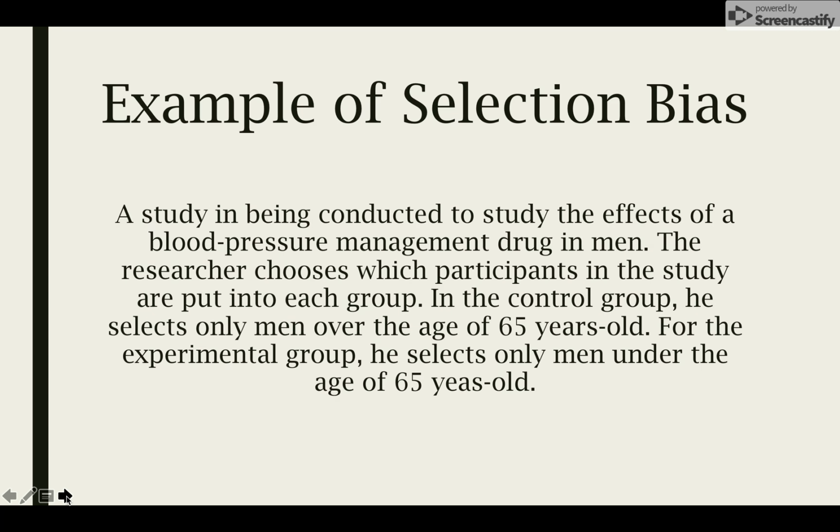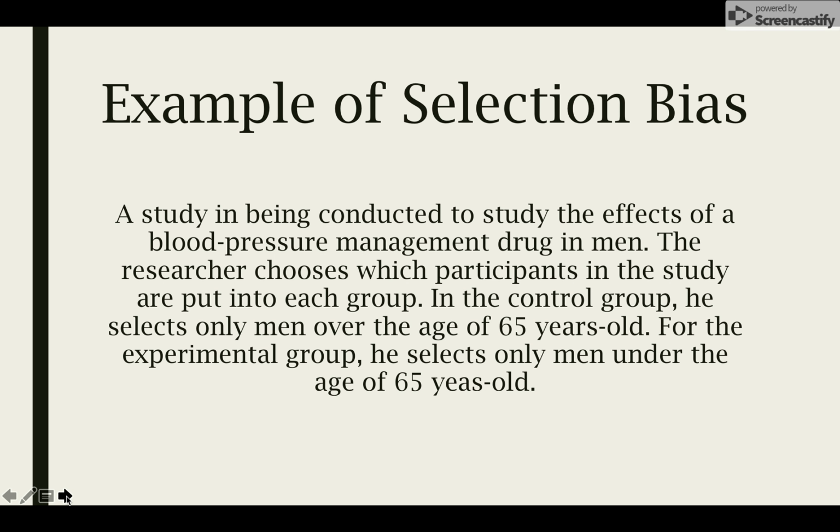So an example of selection bias would be, in this case, we have a study in which they're studying the effects of a blood pressure management drug in men. In this case, the researcher chooses which participants in the study are put into each group, therefore not using random sampling or assignment. And in the control group, he selects only men over the age of 65, whereas for the experimental group, he selects only men under the age of 65.